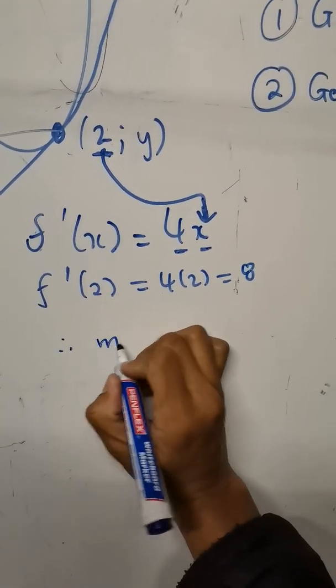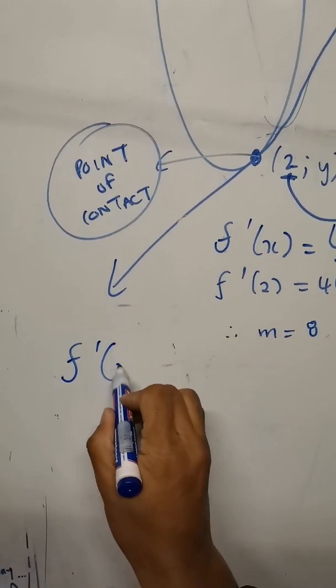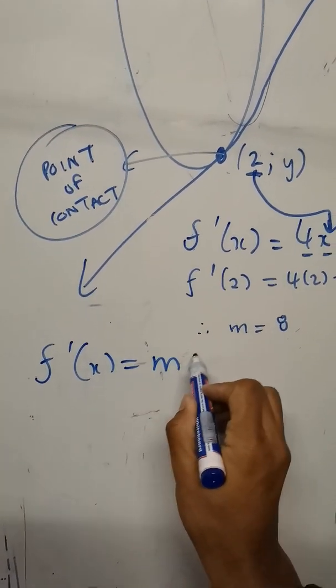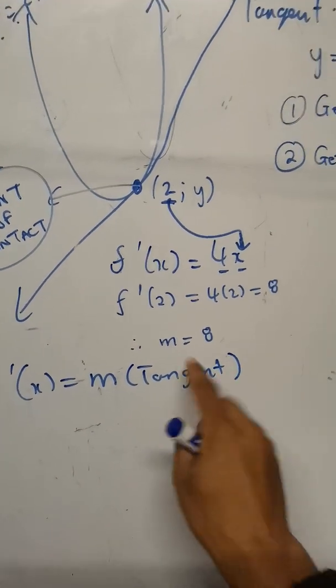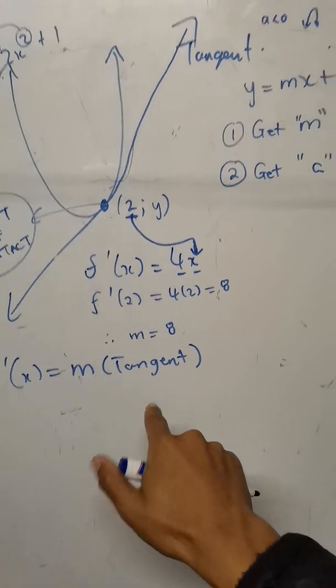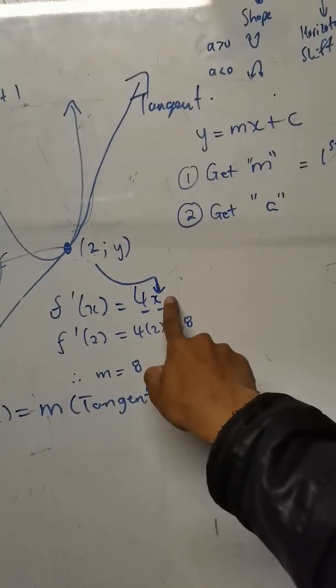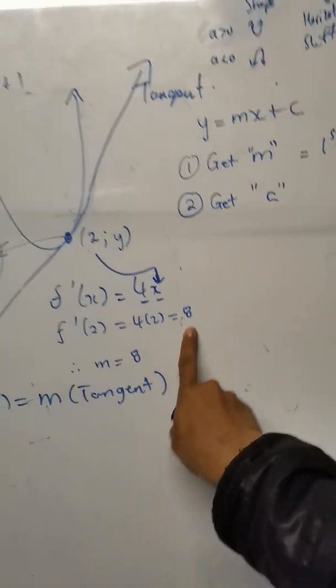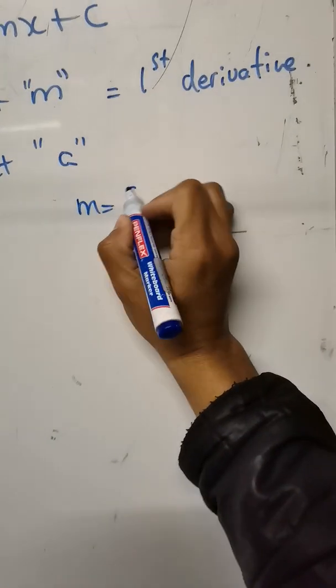Therefore, the gradient is equal to 8. So remember, the first derivative is always equal to the gradient of your tangent. So therefore m is equal to 8.